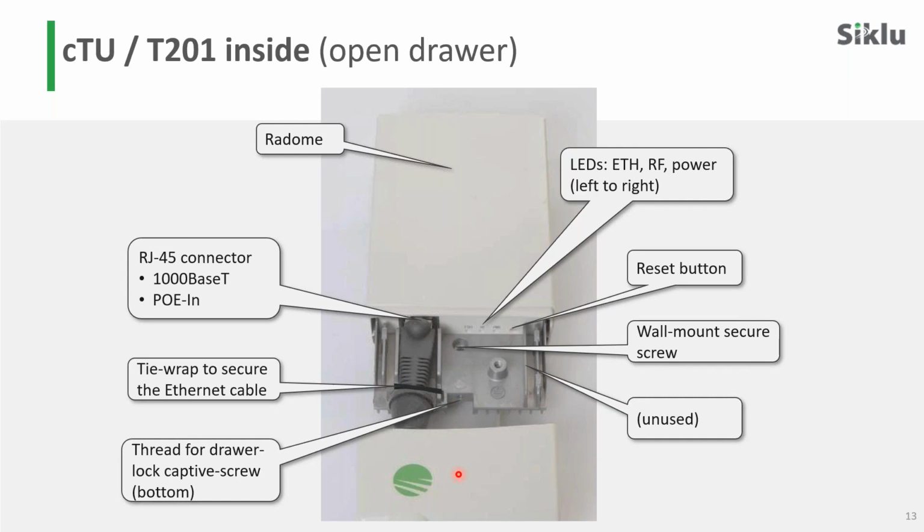If we continue to look, we have here 3 LEDs, which indicate the status of the unit: power on the right, RF status in the middle.